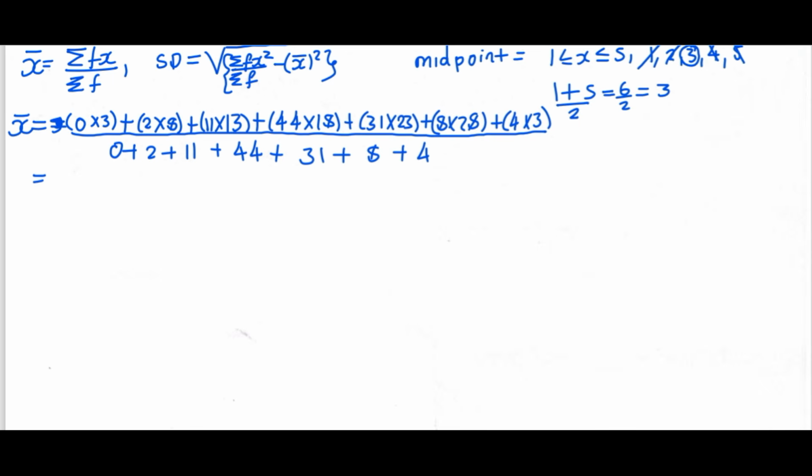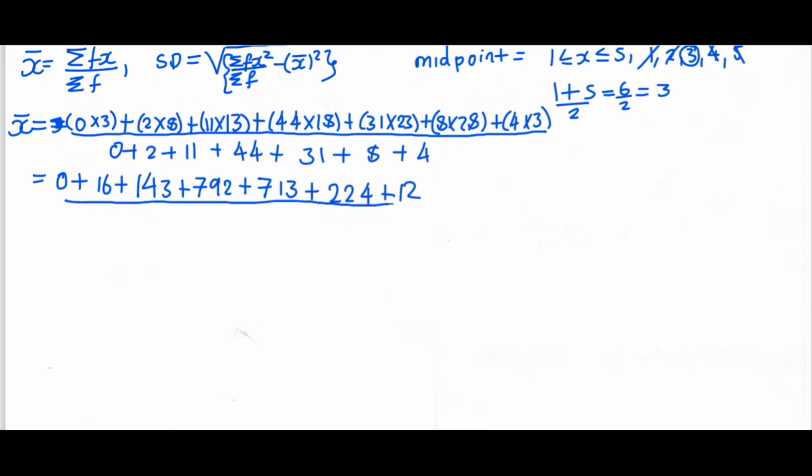So now let's do the multiplication. 0 times 3 here is just 0, plus 2 times 8 will give us 16, plus 11 times 13, I'm getting 143, plus 44 times 18, I'm getting 792, plus 31 times 23, I'm getting 713, plus 8 times 28, 224, plus 4 times 33 is just 132 over, let's find the total.